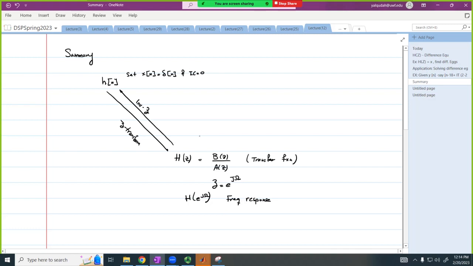Now if I take h of z and multiply across and inverse by inspection, this is going to give me the difference equation, with sums from 0 to n and 0 to m.